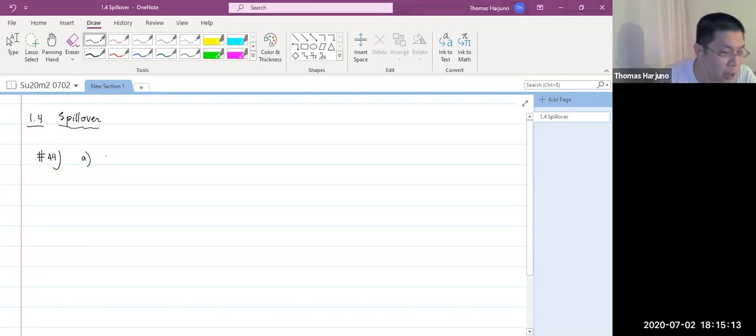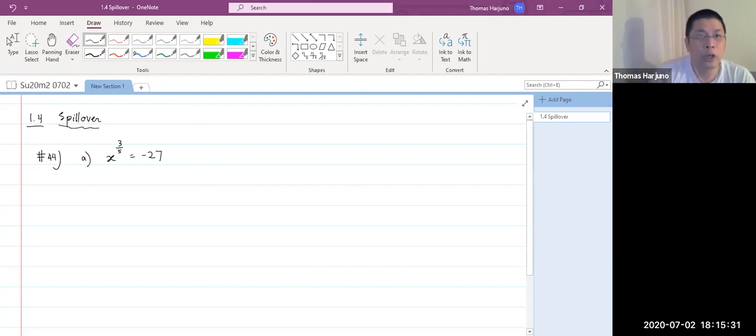Suppose part A: find the real solutions for the equation x to the power of 3/5 equals -27. Now, how do we solve this?